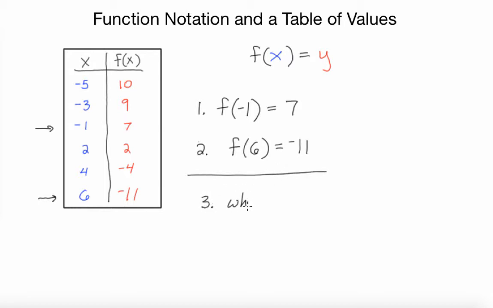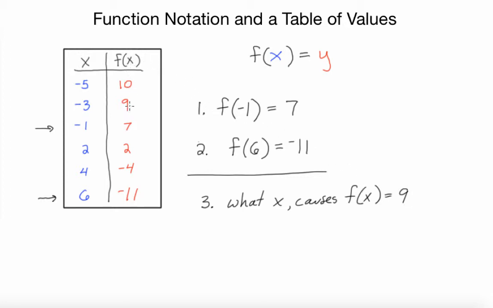What x value causes f of x to equal 9? Now this is a little bit different because I know my output value is 9, but I don't know what the input value of x is. So over here, I'm going to look under my f of x.